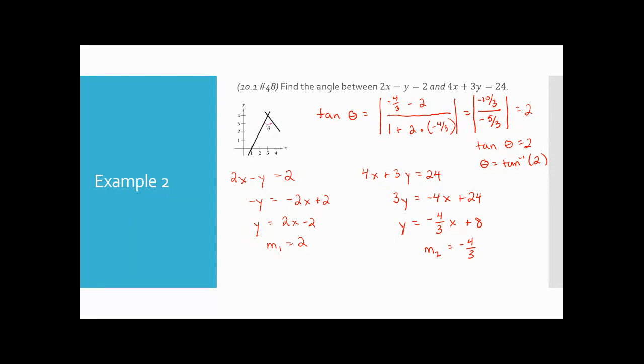My calculator is already in degree mode, so I'm going to just keep it in degree mode. When I take the inverse tan of 2, that gives me 63.4 degrees. So that is the angle in between those two lines.